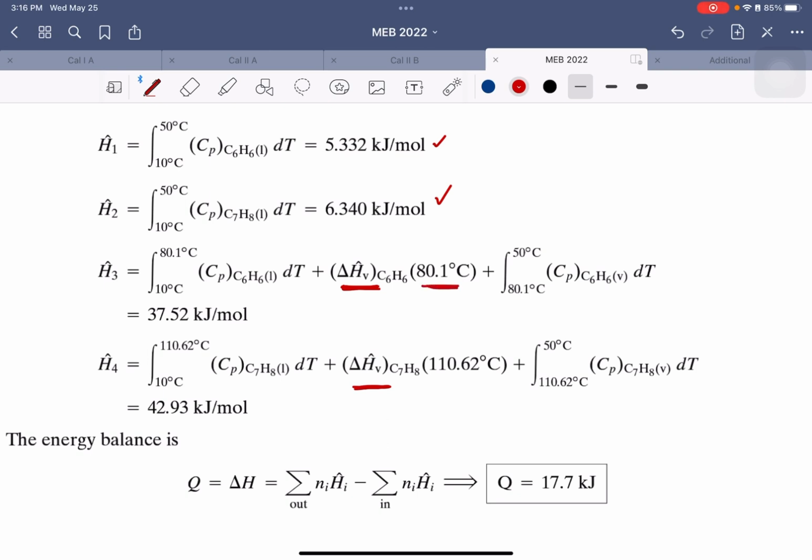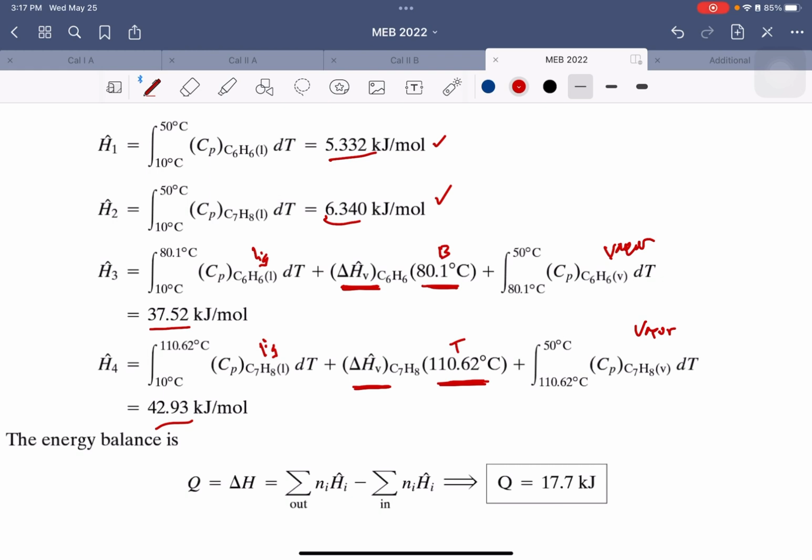And then this is the boiling point for each of the benzene and toluene. So this will be benzene and toluene, right? And also we have the vapor. So this is the vapor one, and this is just liquid, right? So for H3 and 4, we need to include the vapor.